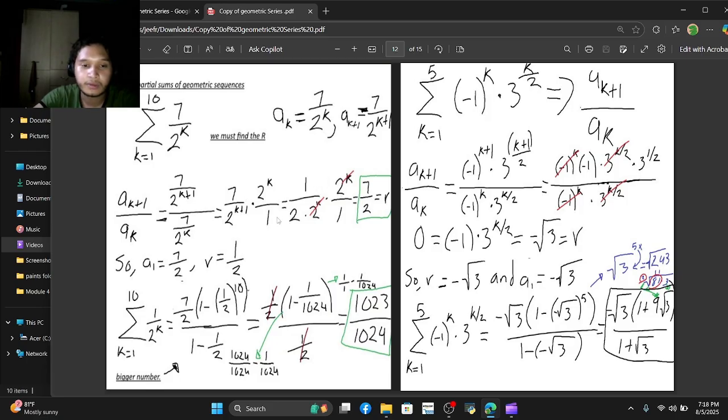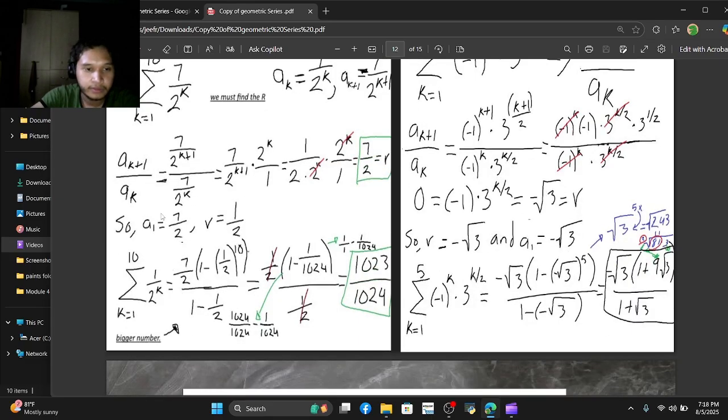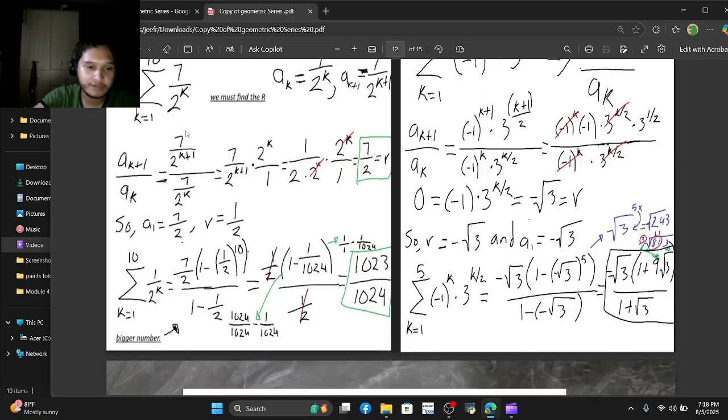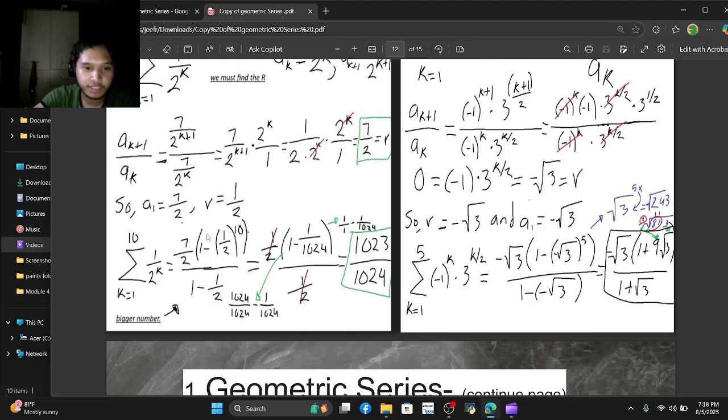We have 1, we have 2 because this 2 gets to the power k+1, and we subtract this 2^k, so we got 1 over 2, or a half. That's the ratio. So the first term is 1/2. Why? Because for this k, as I said before, we just put 1 here, and we have the first term, and we have also the ratio, which is the same. Look.